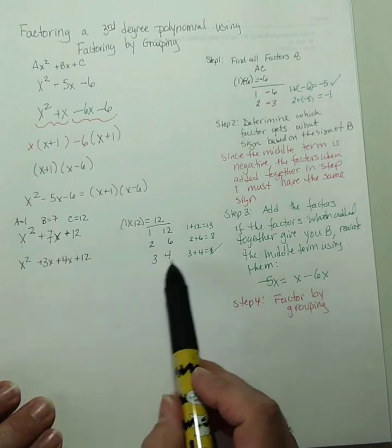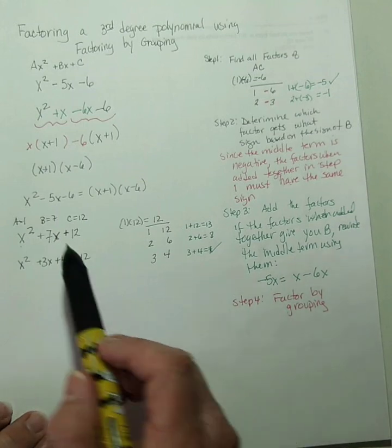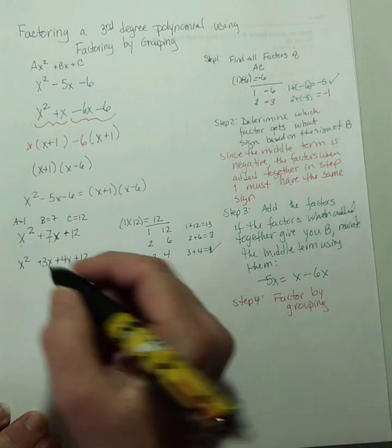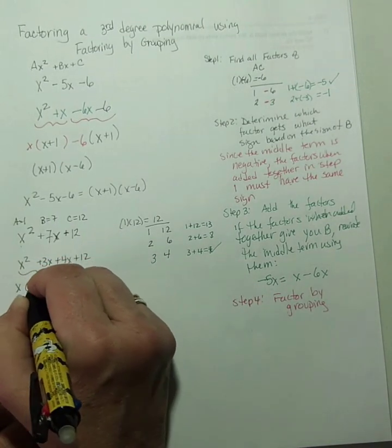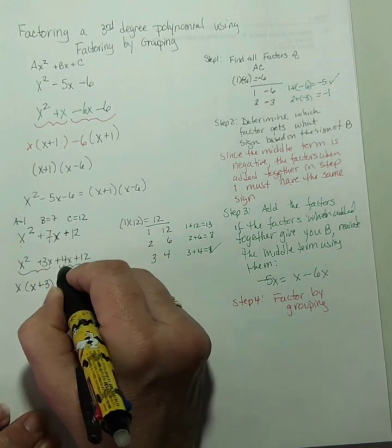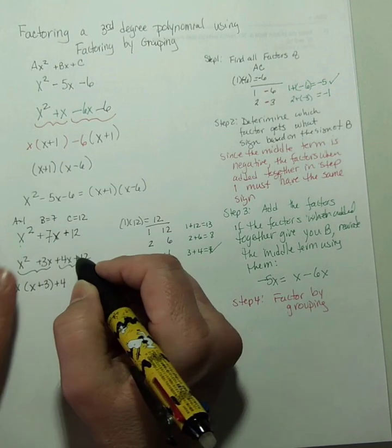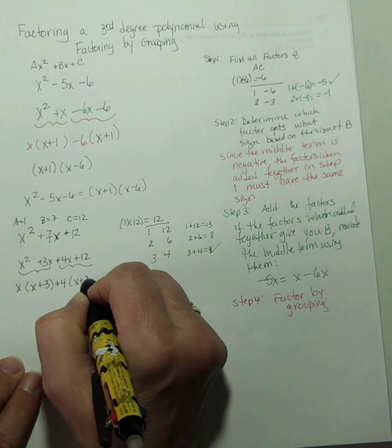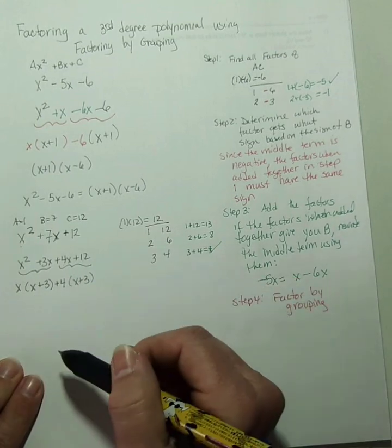And because this is true, I know that when I factor by grouping, I will be able to factor this trinomial under the integers. So let's group. We group the first two. That would mean to pull out the x, and I'd have x plus 3. In the second group, I'd pull out a 4 because 4 is in common with all of them. And if I just pulled out the 4, I'd be left with x plus 3. See how it always works, that you'll have the same factor being pulled out if this is true.